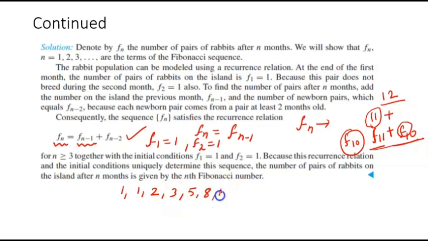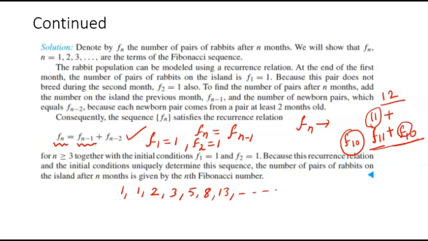Then 8 plus 5, that is equal to 13, and so on. So the sequence that we have got is known as the Fibonacci sequence, and the formulation I hope you have understood. In case you have not, please pause the video, think about it, try developing your own logic so that you should be able to understand it.